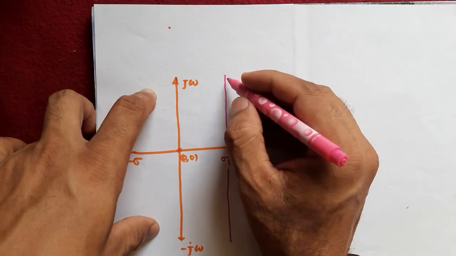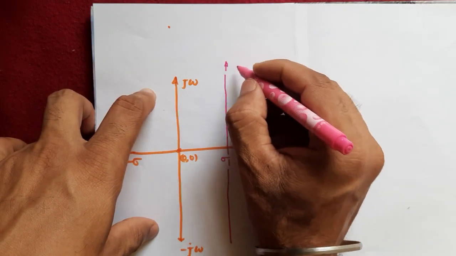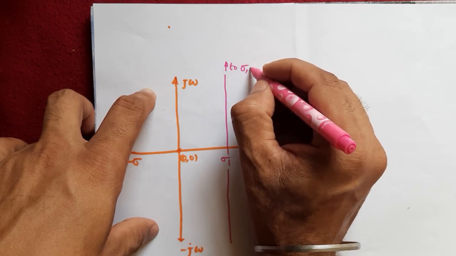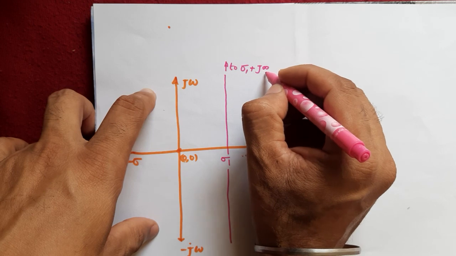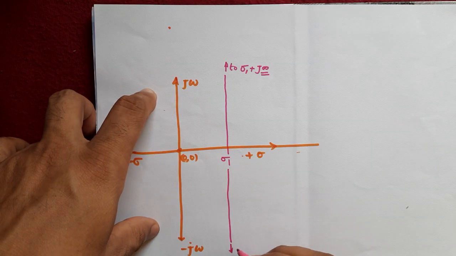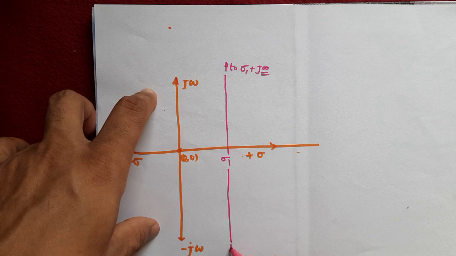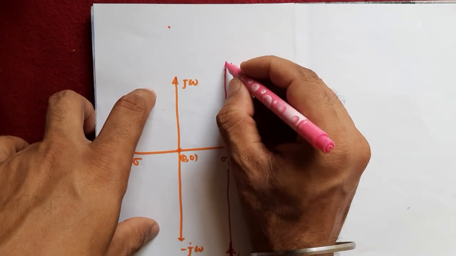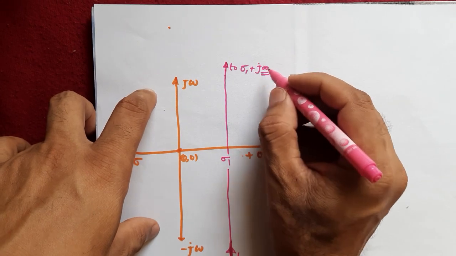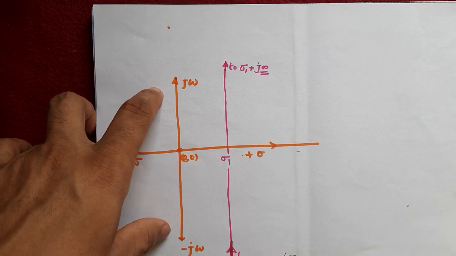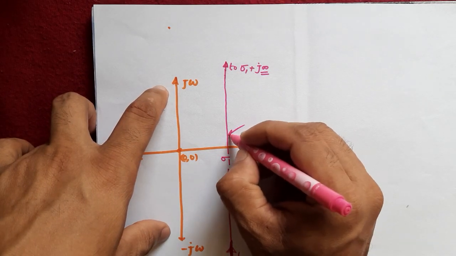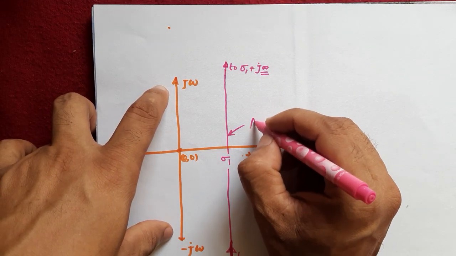This is our path of integration, going from sigma 1 minus j infinity to sigma 1 plus j infinity. So its name is the path of the inversion integral.